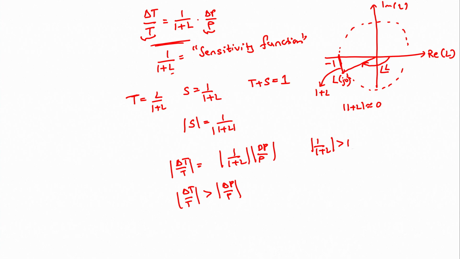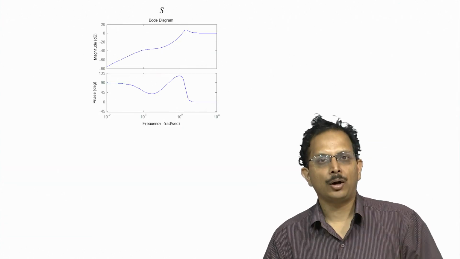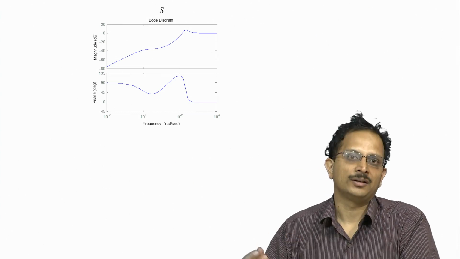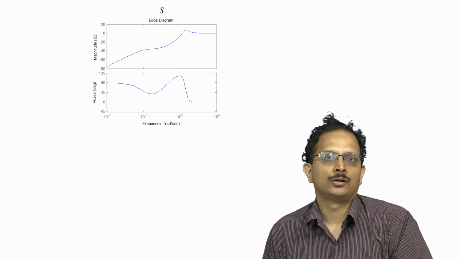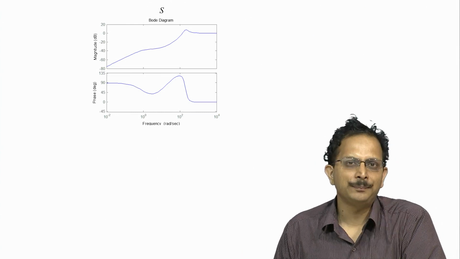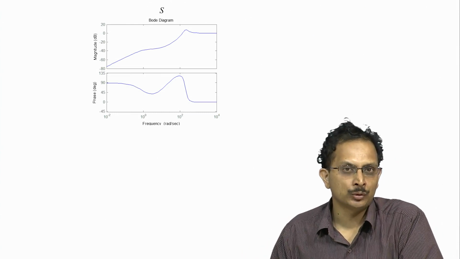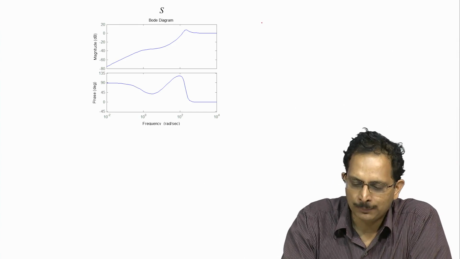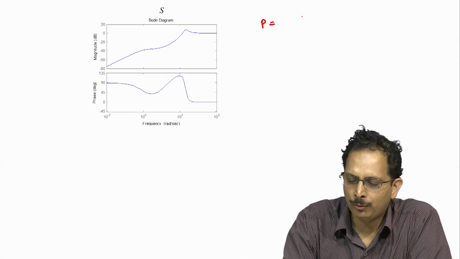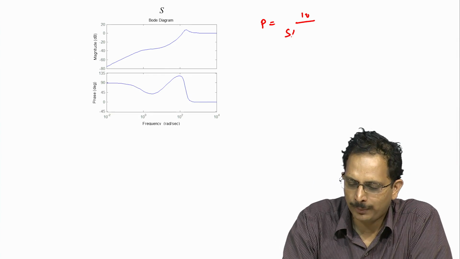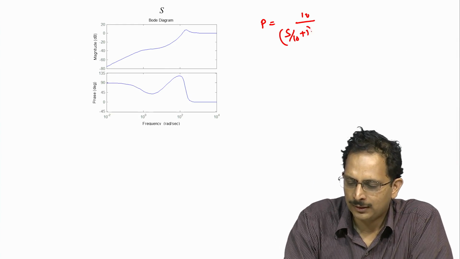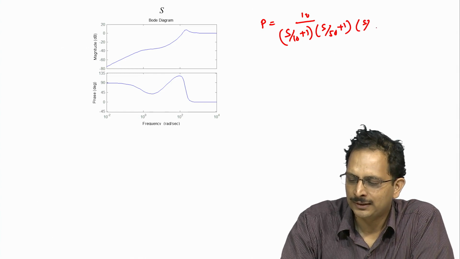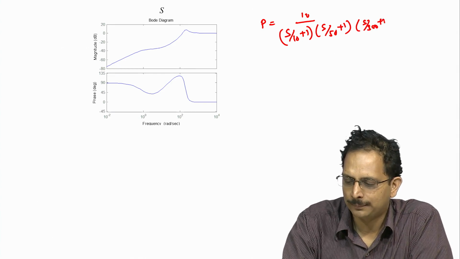Indeed, I have in the next slide plotted the sensitivity function for the overall closed loop system that we had when we undertook the design using Bode plots. So, to remind you, we had the plant P equal to 10 by (S by 10 plus 1) times (S by 50 plus 1) times (S by 300 plus 1).